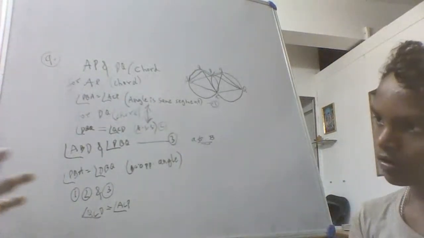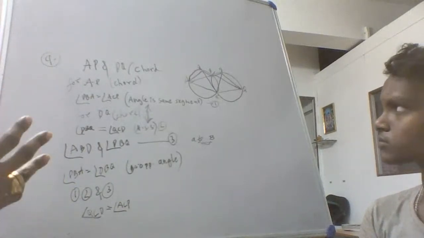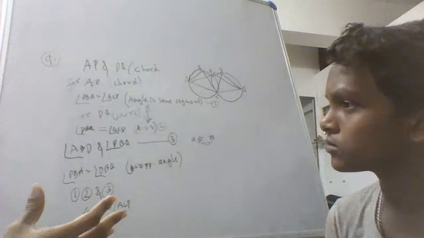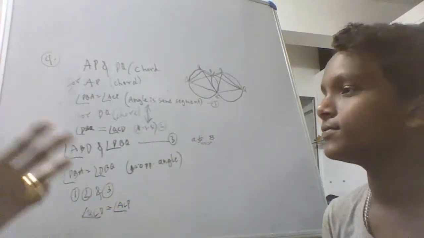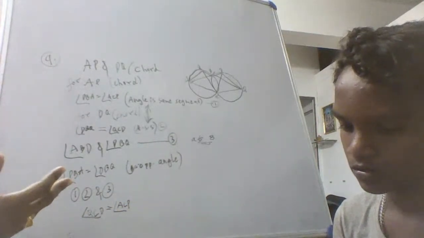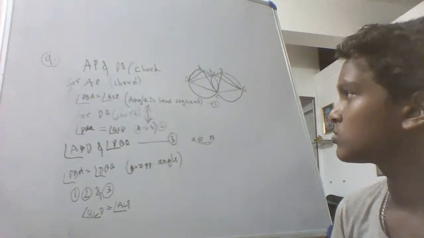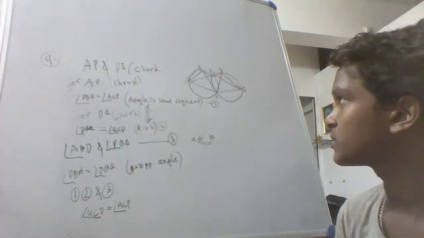So here, two circles were there, and two chords, AP and DQ. Then we got equation 1, which is angle PBA equal to angle ACP.